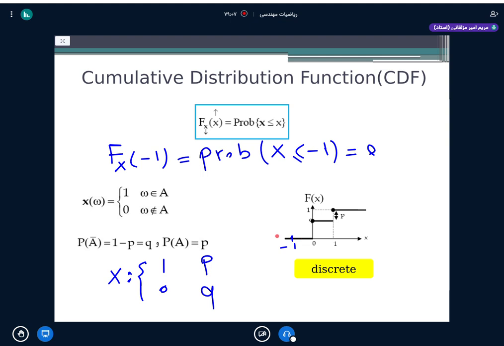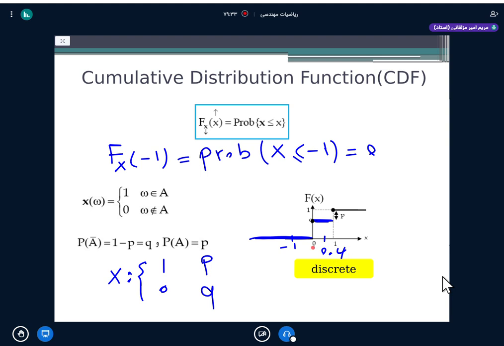So for other negative values, we can compute the CDF like this, and the CDF is 0 in this part. But why is the CDF equal to Q in this interval? Suppose a point in this interval, for example, 0.4.